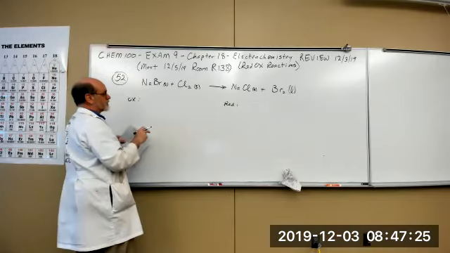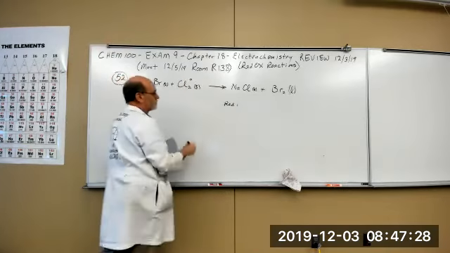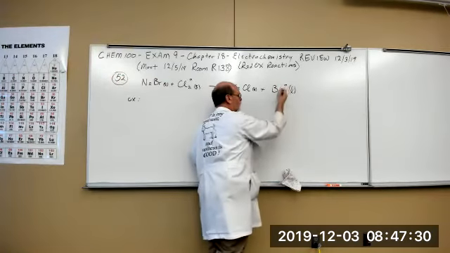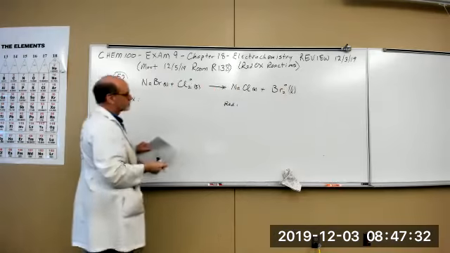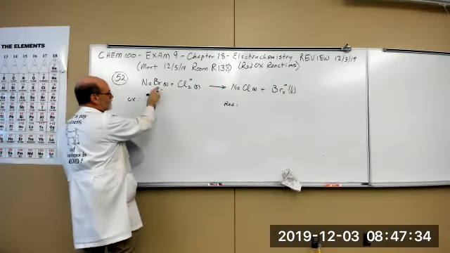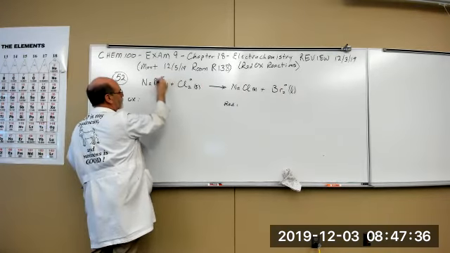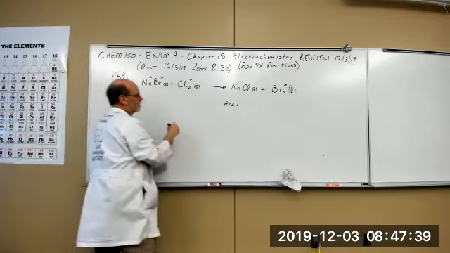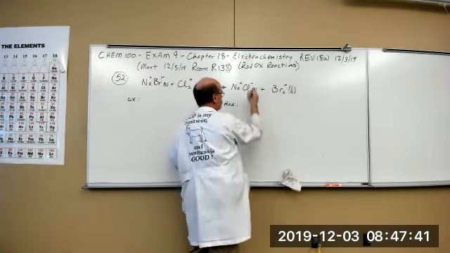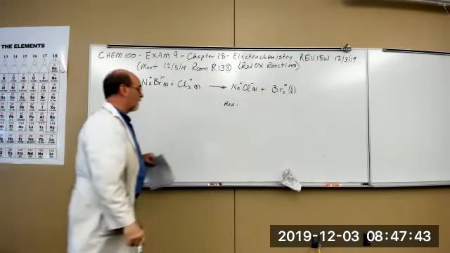What are the oxidation states? Well, chlorine is 0, bromine is 0. They're elemental in their standard states. Bromine is a halogen in this compound, which is -1, that's +1. This is +1, that's -1.